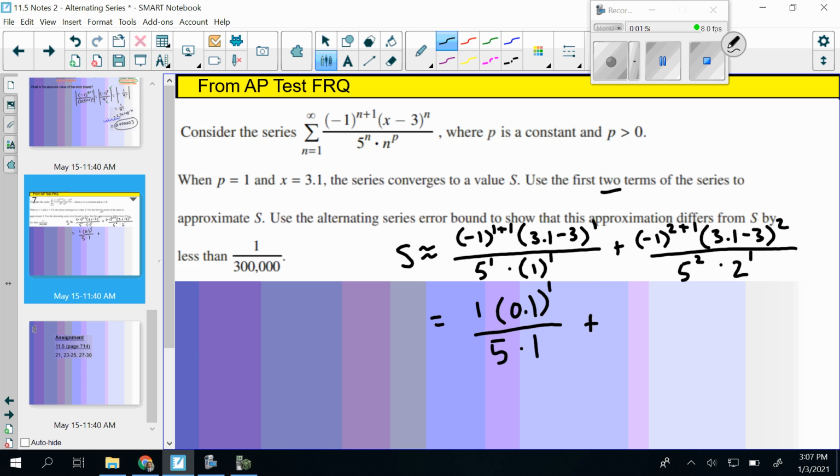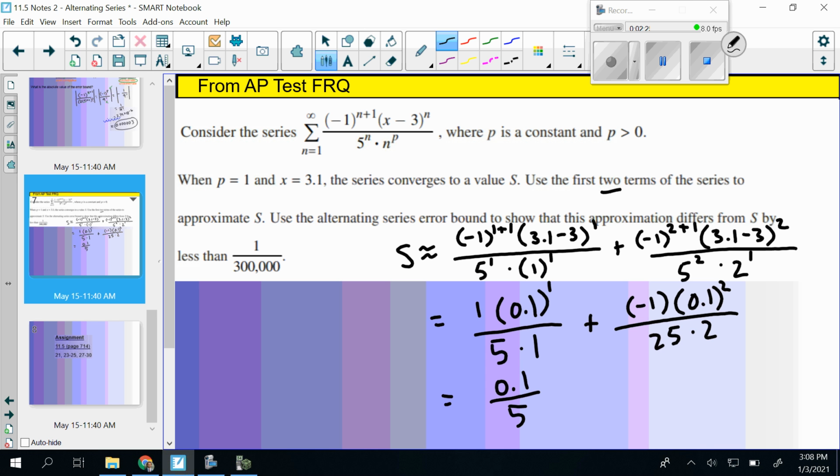On the other one here now, negative 1 to the third power is going to be negative 1. If we subtract 3.1 minus 3, that's 0.1 squared over 5 squared is 25 times 2 to the first power is 2. Let's keep simplifying because this was no calculator here. All this is just going to be the same as 0.1 over 5.